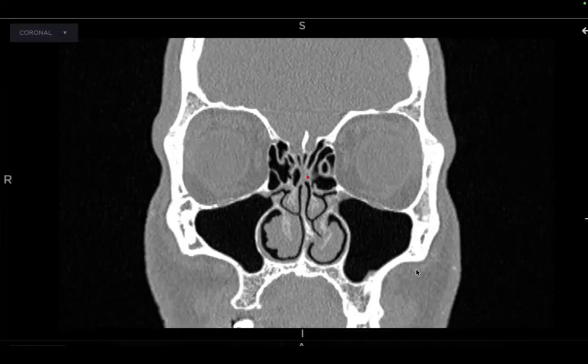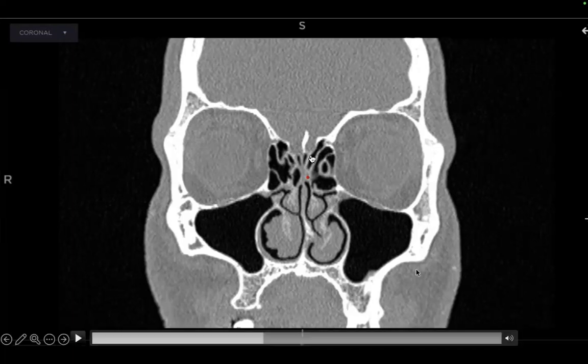I can guarantee you that your first CSF leak will be on the right side, not on the left side. So when you're operating here, you're naturally operating away from the cruciform plate. When you're operating on this side, you're naturally operating towards the cruciform plate, and your first CSF leak will be right there. And when it happens, don't worry. You'll know how to fix it. You just repair it, and the patient will be fine.